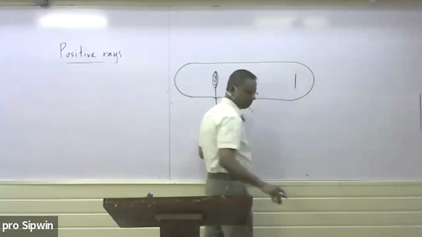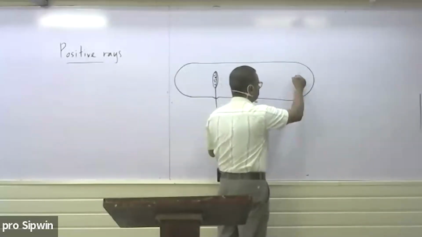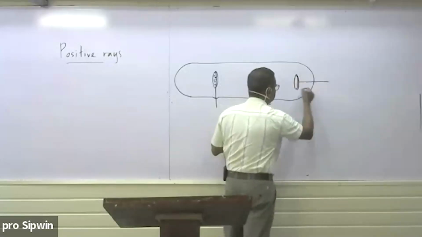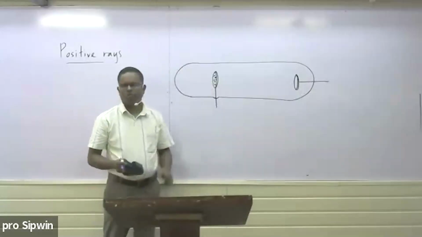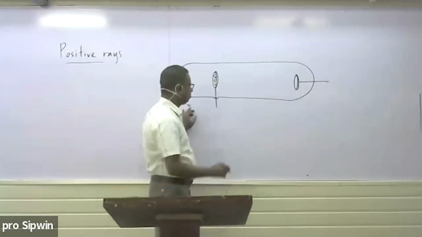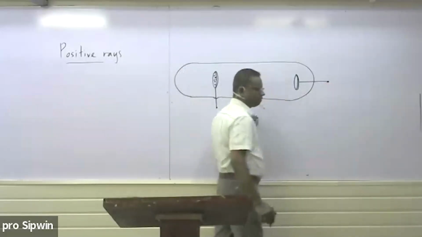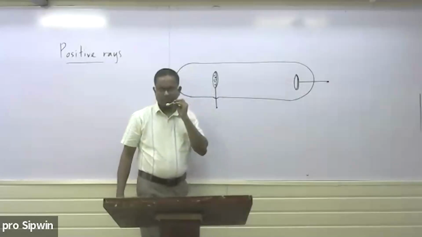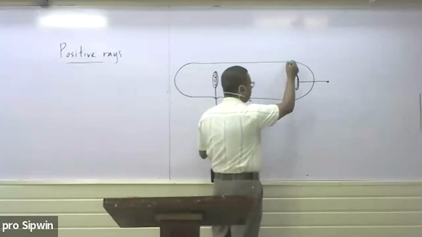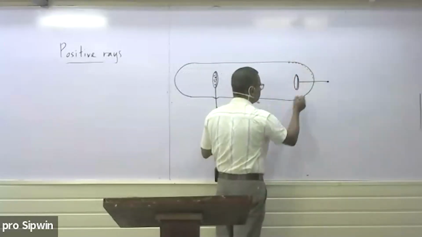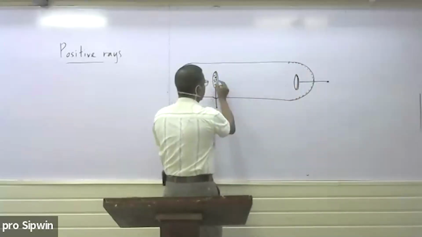Then with high voltage, cathode rays are produced. As earlier, the cathode rays pass to this side and give a green glow here. So cathode rays are moving to this side.